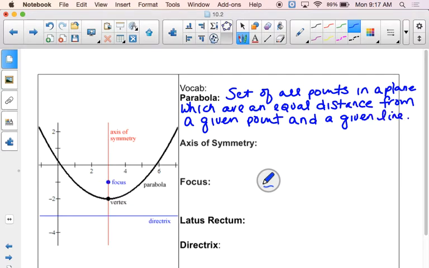Okay, think of it as the path of a projectile under the influence of gravity, that ideally it follows the curve of the shape.